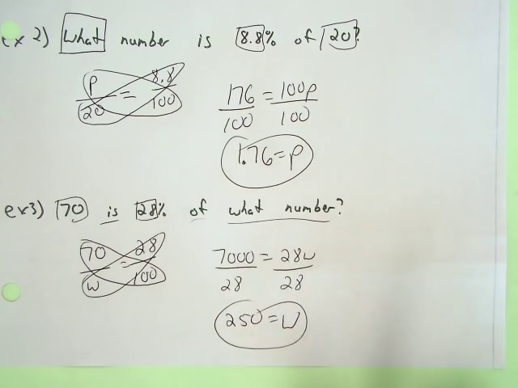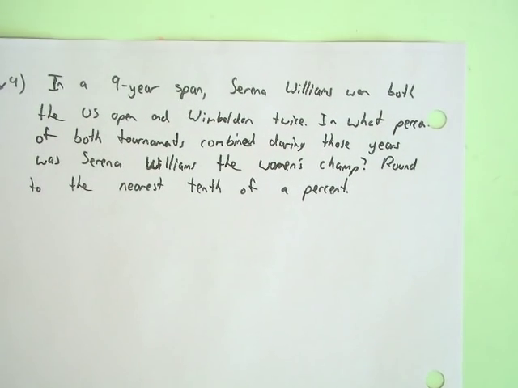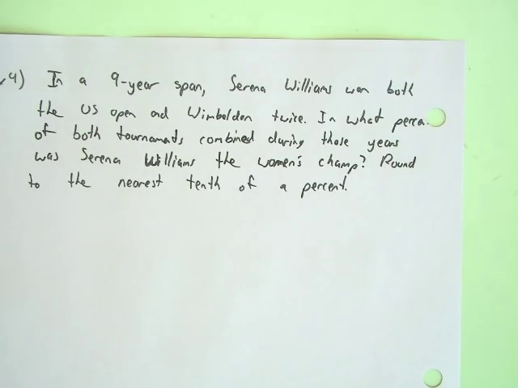All right, let's turn the page over now and let's look at a word problem. So it says, example 4, in a 9-year span, Serena Williams won both the U.S. Open and Wimbledon twice. In what percent of both tournaments combined during these years was Serena Williams the women's champ?